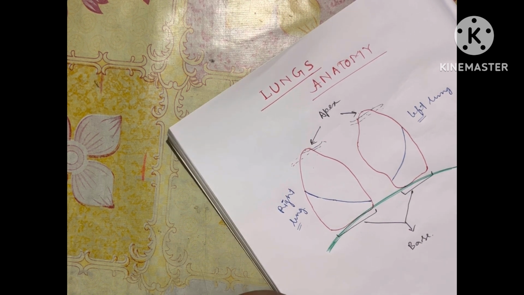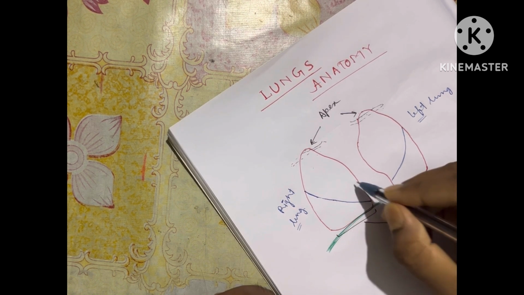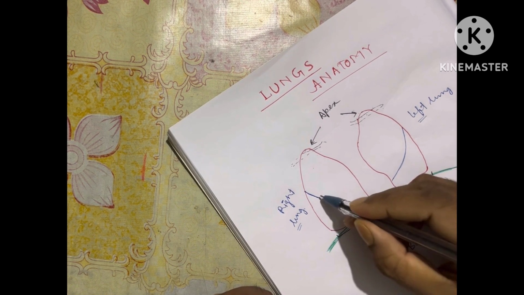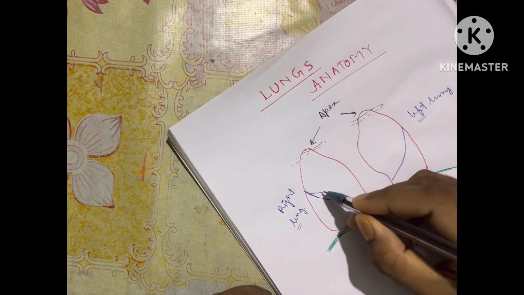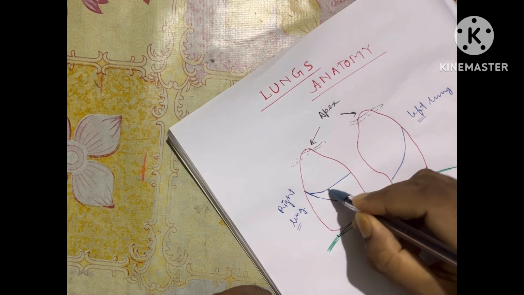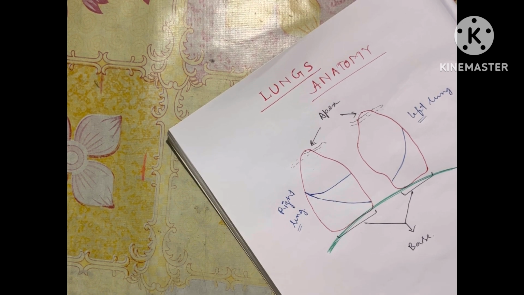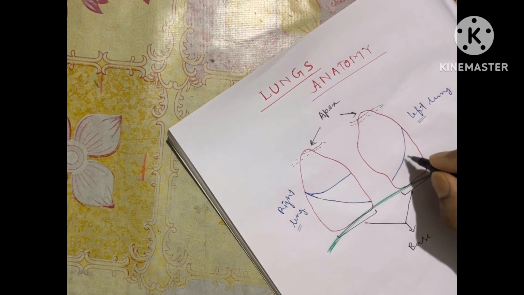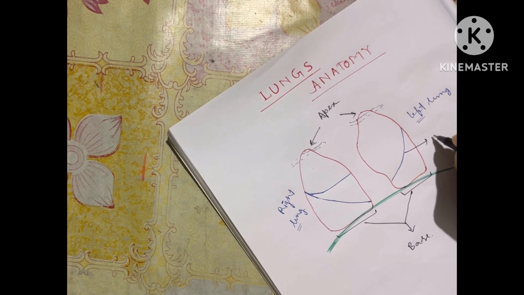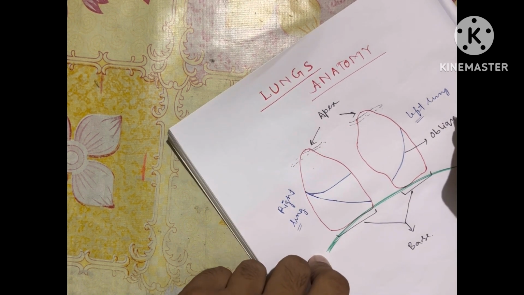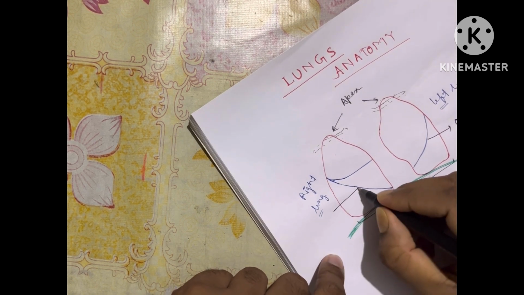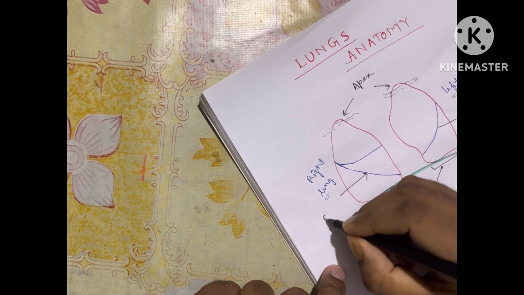Then we have another feature in our right lung, which is called the horizontal fissure. So this feature is called the oblique fissure, this is the oblique fissure, and here it is also the oblique fissure.